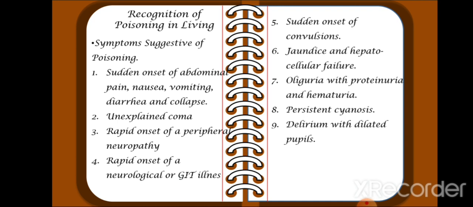Persistent cyanosis, delirium with dilated pupil. The person is collapsed, he is unconscious, or he or she is in delirium, and when you forcefully open their eyes, you will see dilated pupils. Sometimes you will not see, sometimes you will see. So it depends upon the type of poison that has been ingested.